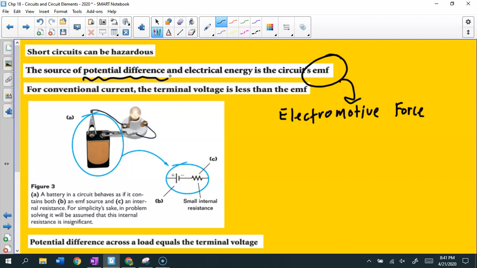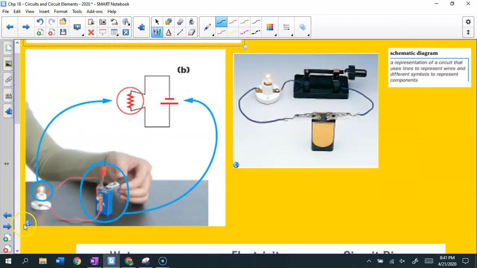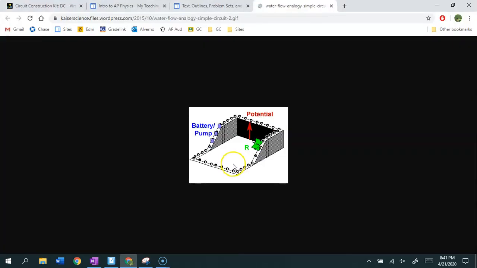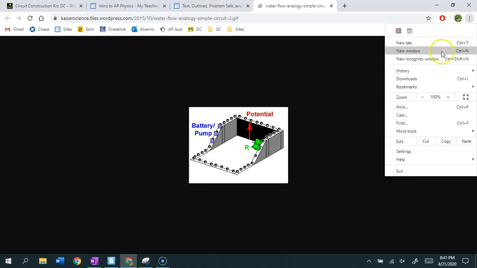Now for that, I have a slightly different diagram that I want to show to you. Again, because this is such a new topic, it really helps students to wrap their mind around it. So what I want you to think about is the following. Let's start from this side over here. I want to see if I can zoom in a little bit.